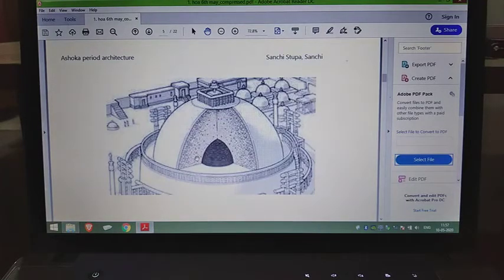It's just a cross section. It is mostly made of brick. There's nothing inside, but it contains some of the relics of maybe Gautam Buddha, his ashes, or some other remnants which are sacred to Buddhist monks, and they used to come here and worship or pay their respects, whatever the rituals may be.